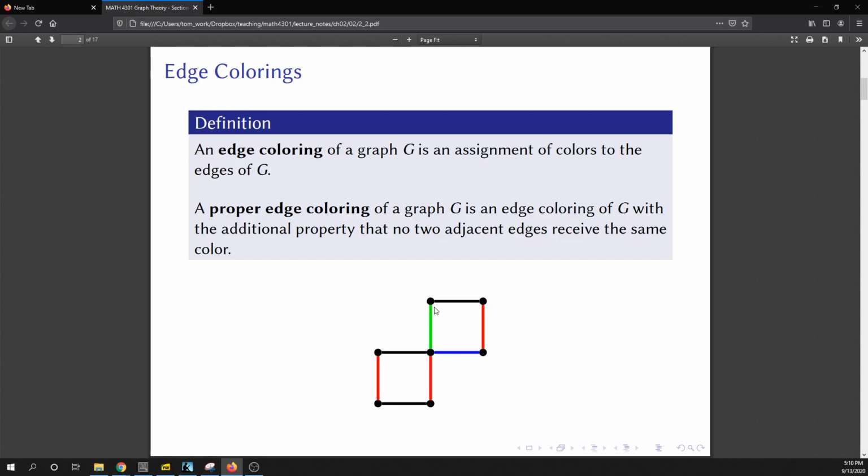Around this vertex, all of the edges incident with this vertex have different colors. All of the ones here have different colors, and here and here and here. So you can go through and check systematically that this is a proper edge coloring. If I have any two adjacent edges, they are not the same color. So that's a proper edge coloring.